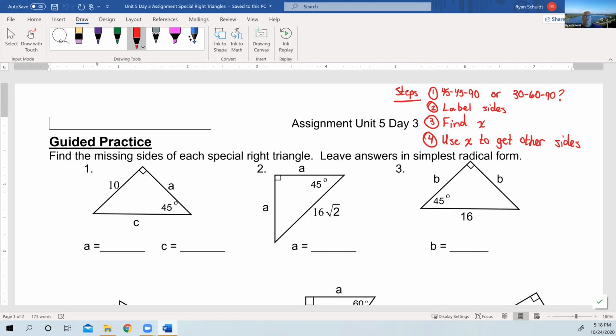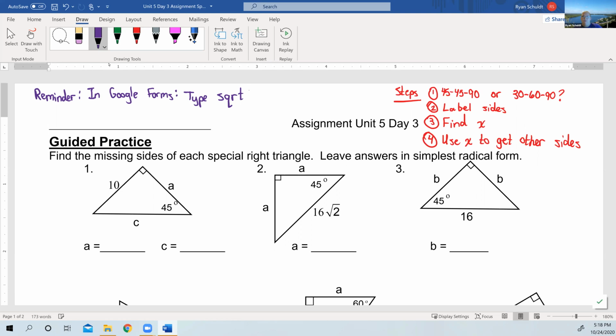Okay, so let's use those steps to help us solve. And just another reminder for Google, I know this is day 3. I know I said it on day 1 and day 2. In Google Forms, you need to type square root and then whatever number you want.